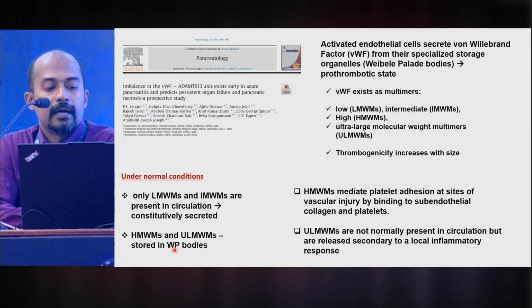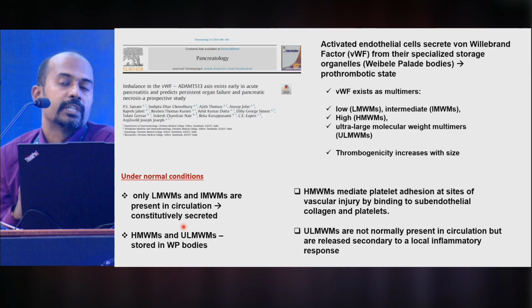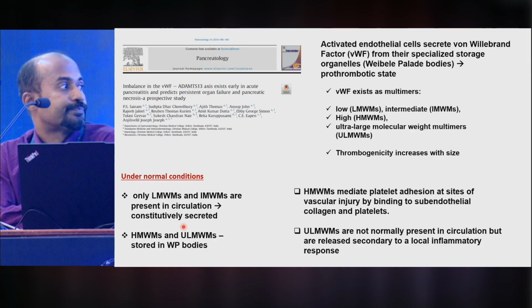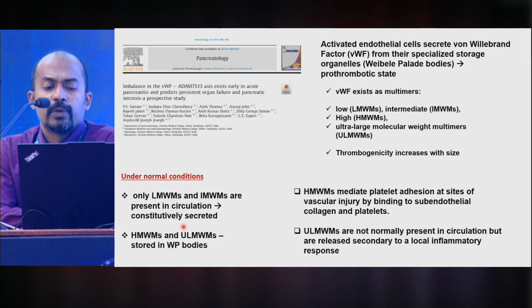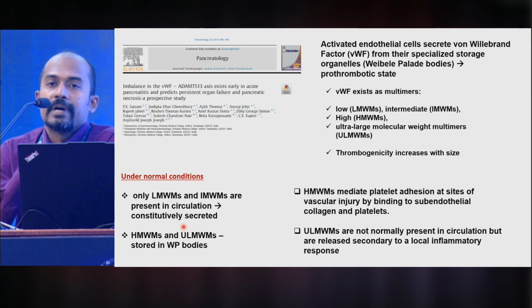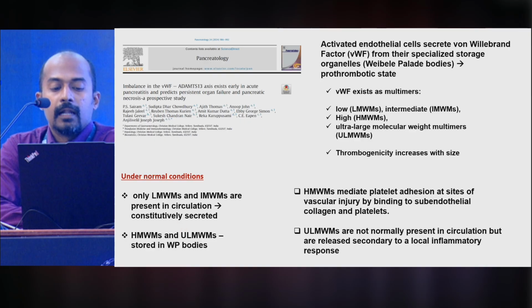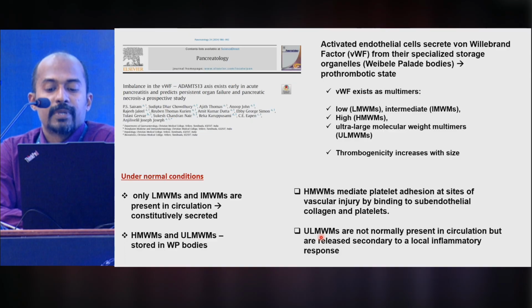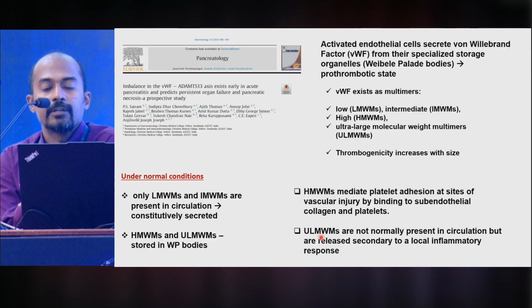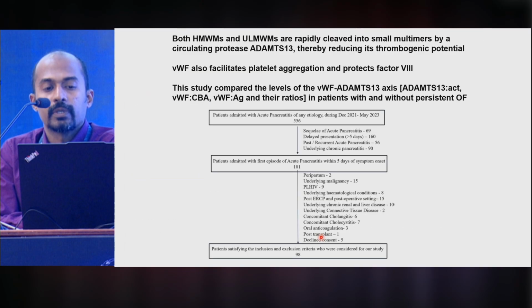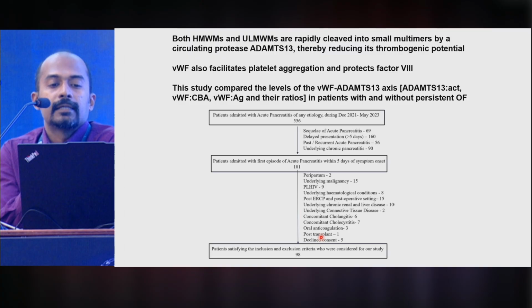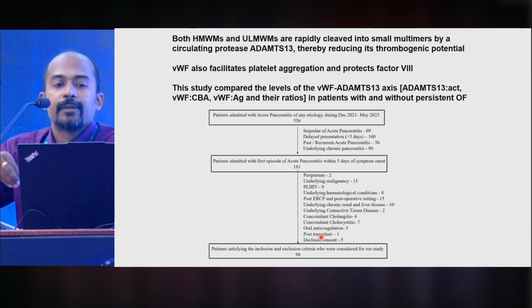High molecular weight and ultra-large forms are stored in the Weibel-Palade bodies inside endothelial cells. The high molecular weight forms mediate platelet adhesion at sites of vascular injury by binding to collagen, as Dr. Sukesh said. Ultra-large molecular weight forms are not normally present in circulation but are released secondary to local inflammatory response. Both high and ultra-large forms are rapidly cleaved into smaller ones by ADAMTS13.